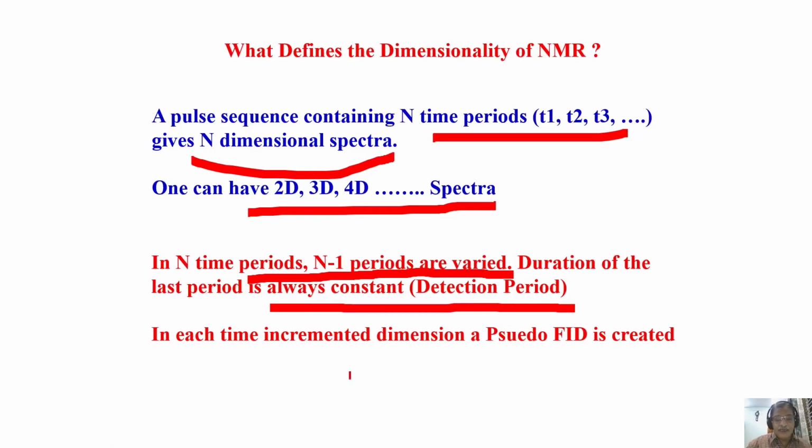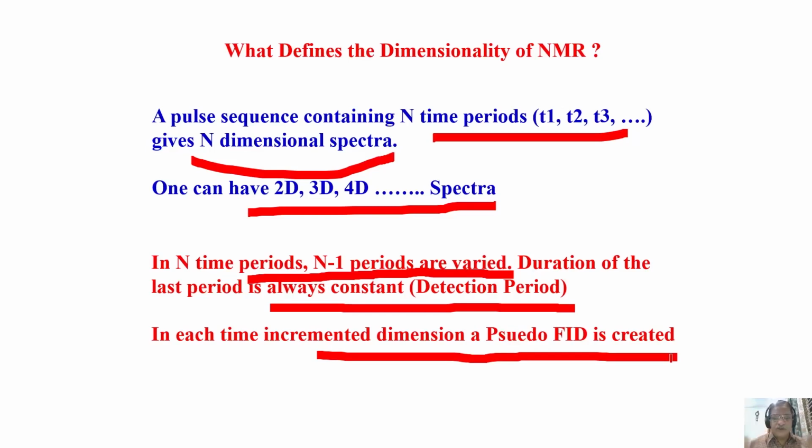And for each time period, we have to increment the data to create a pseudo FID. Exactly what we did in the 2D I showed you. The free induction decay was created by systematically incrementing the T1 points. That is a pseudo FID.